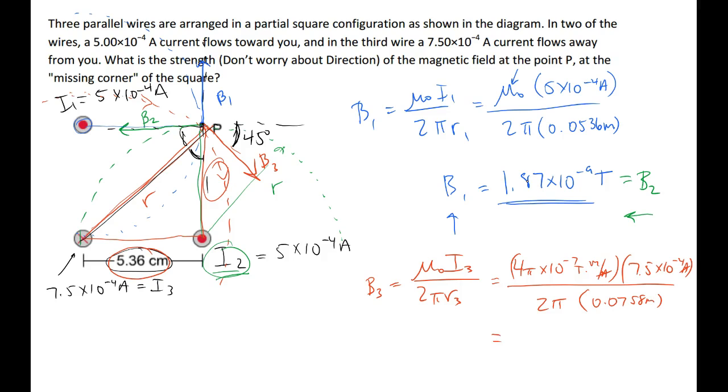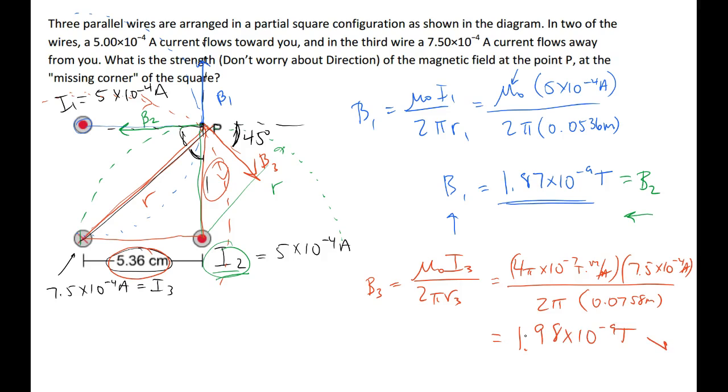So if I punch all this in: 4 pi times 10 to the negative 7th times 7.5 times 10 to the negative 4th, divided by 2 pi, and then divided by 0.0758, we get 1.98 times 10 to the negative 9 Tesla.